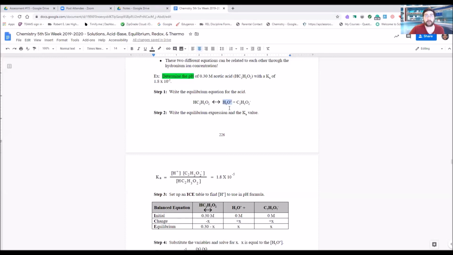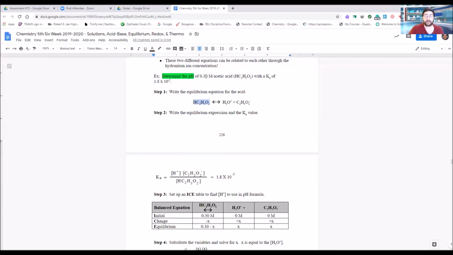And remember that pH is equal to the negative log of the hydronium ion concentration. So even though in this problem it says that we have a concentration of acetic acid that's equal to 0.3 molar, that doesn't mean that we're going to have 0.3 molar concentration of hydronium ions, because some of the acid itself is going to remain.